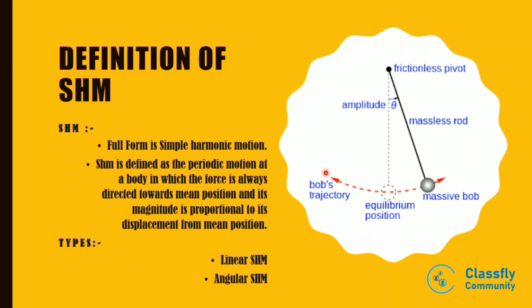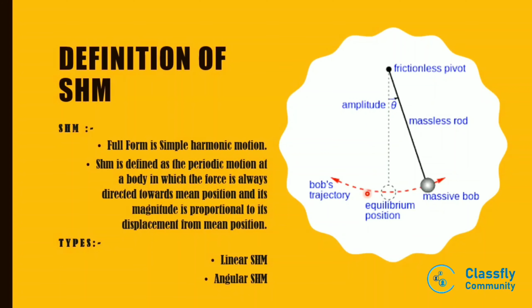So this position is the mean position. That is what is stated: the force is always directed towards the mean position, that means opposite to where it has been exerted.